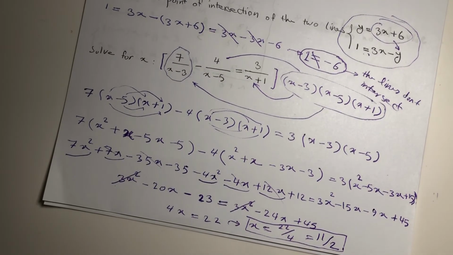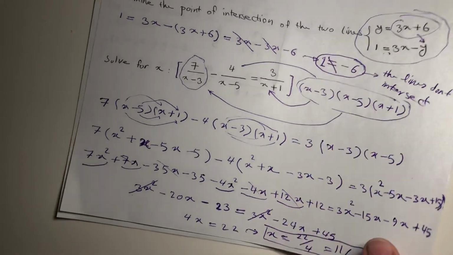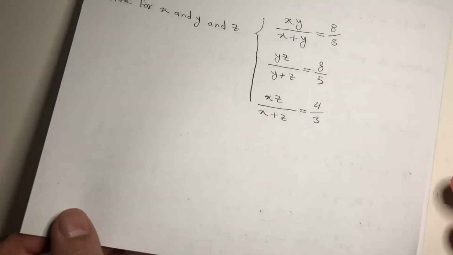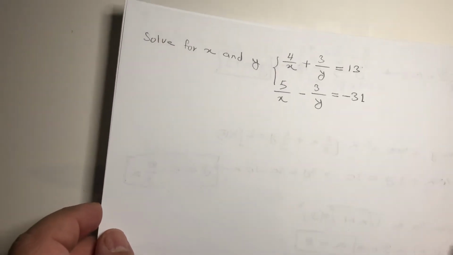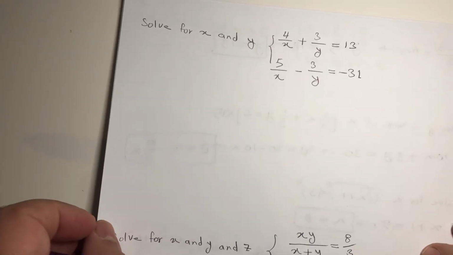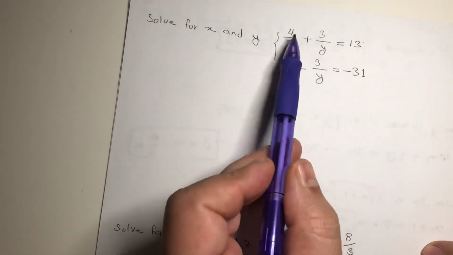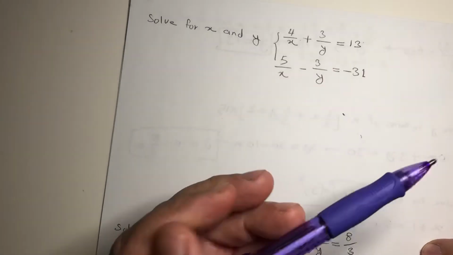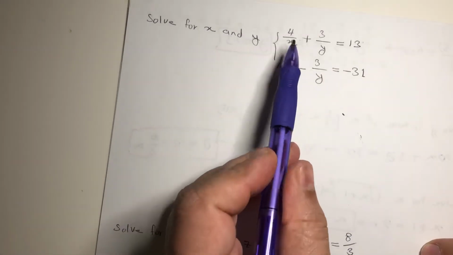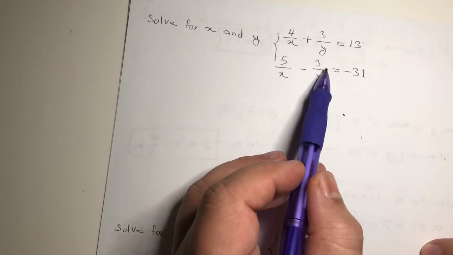It took a little bit of time, but I hope the strategy was pretty clear. So here I show a few more examples, but I'm not going to spend any time solving them. Here you can see we have 2 equations and 2 unknowns. As I previously explained, you can simply find x in one of these equations and then replace it in the other one.